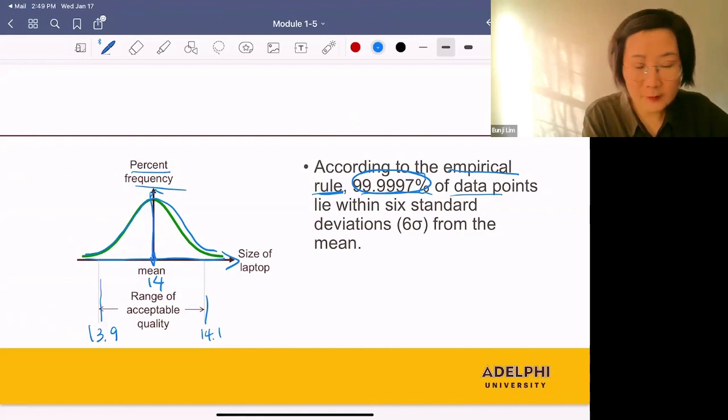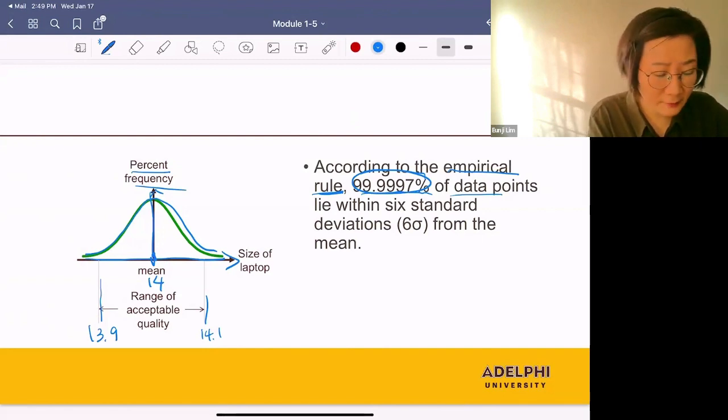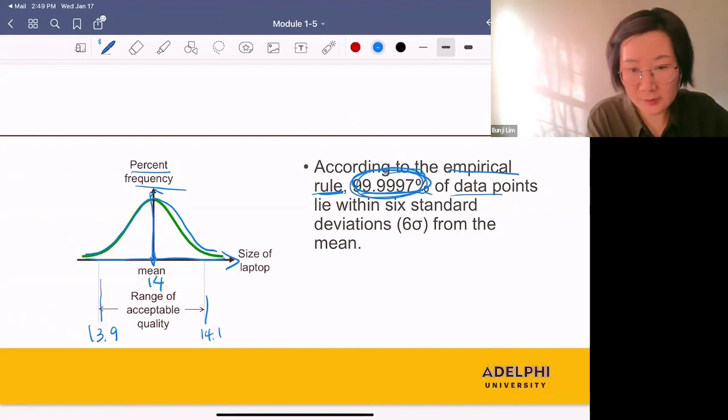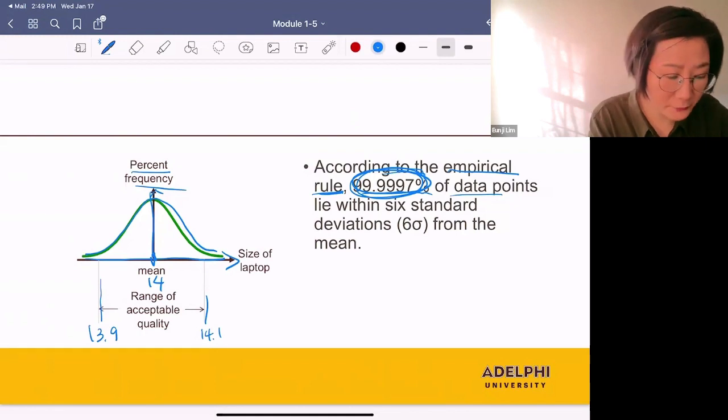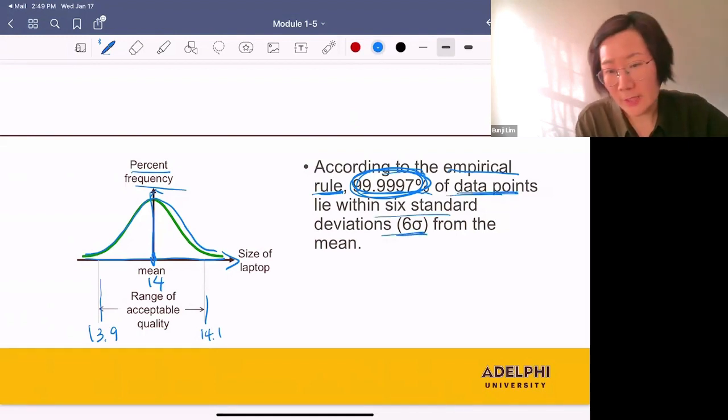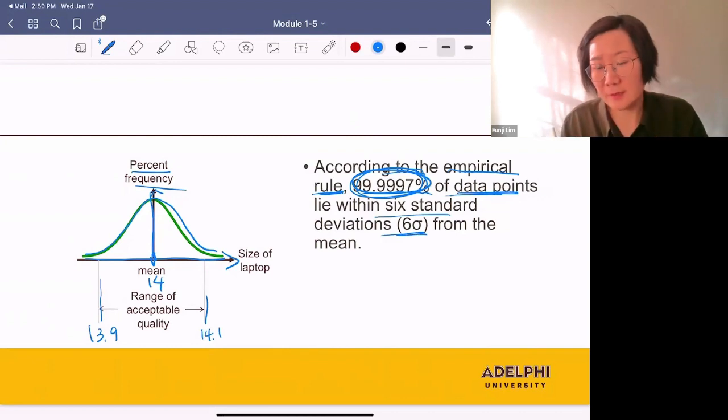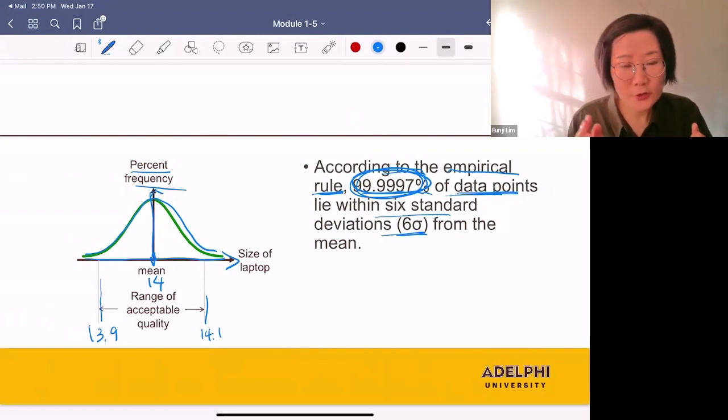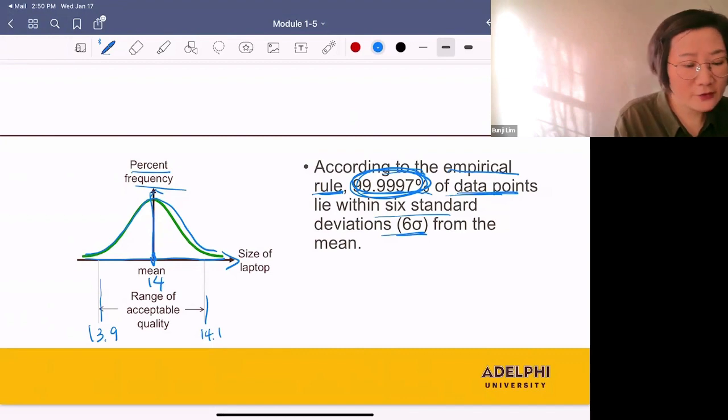And we want to make sure that this percentage falls within the range of acceptable quality. In other words, the values that are within 6 standard deviations from the mean should fall within the range of acceptable quality.